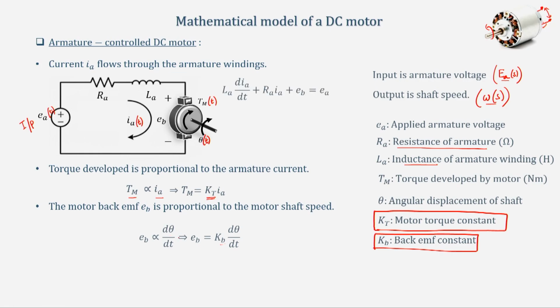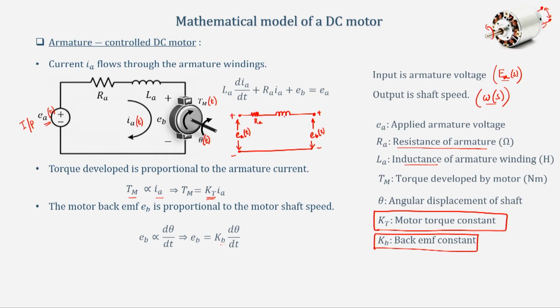Now, if that is the case, what is the circuit looking like now? The circuit looks something like this. You have an input Ea(t), armature voltage, and then here you have a back EMF which is opposing the input voltage.